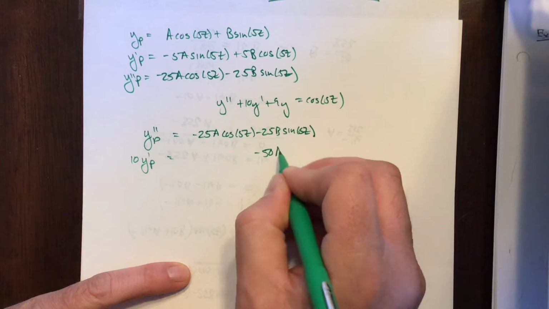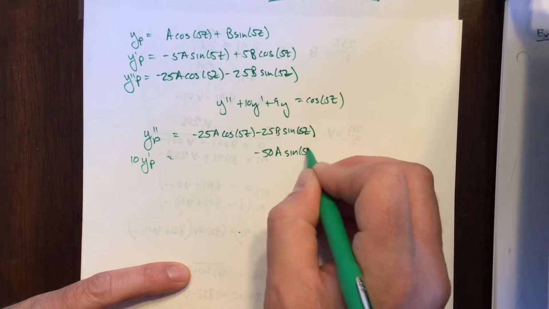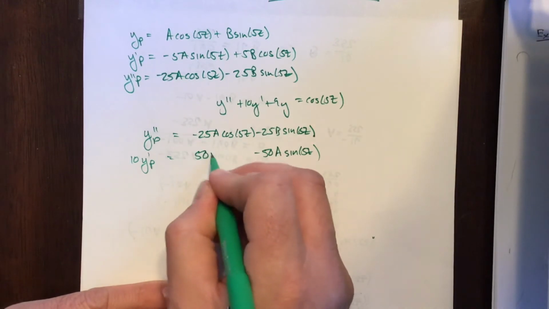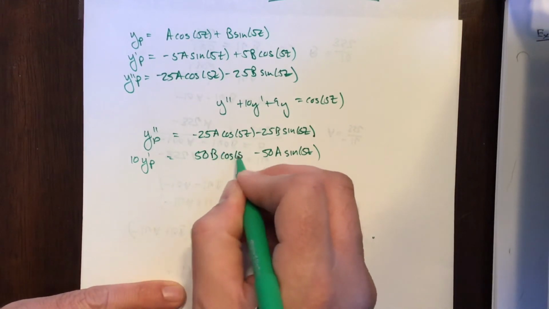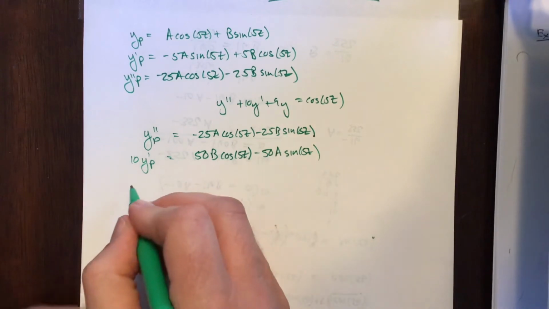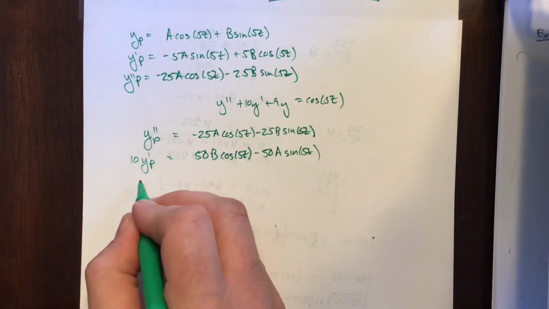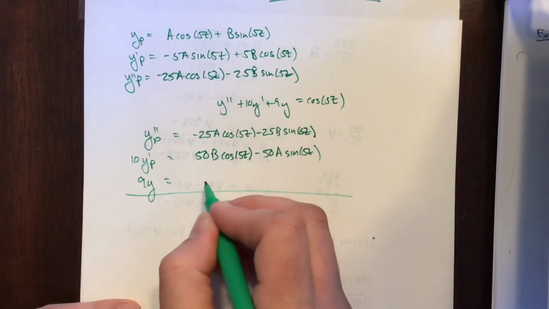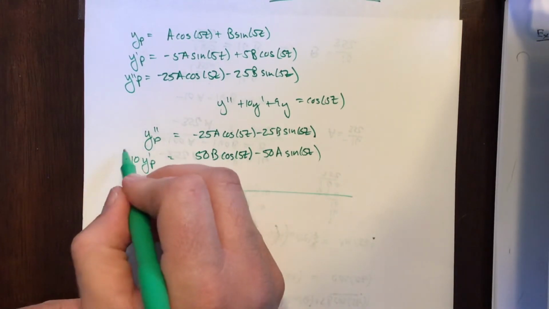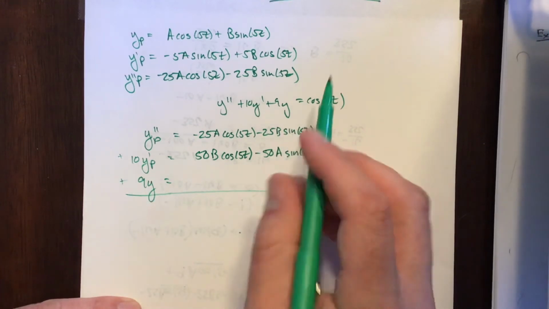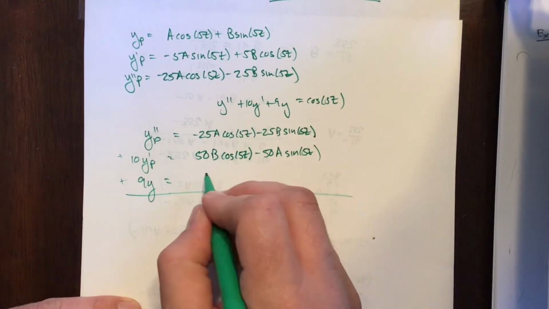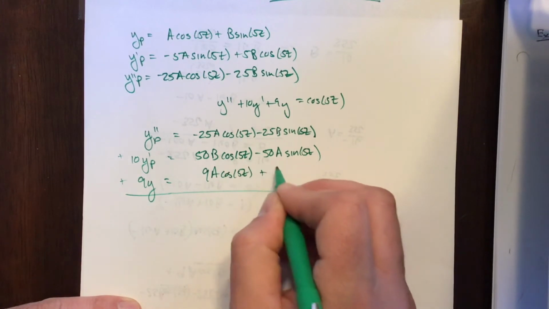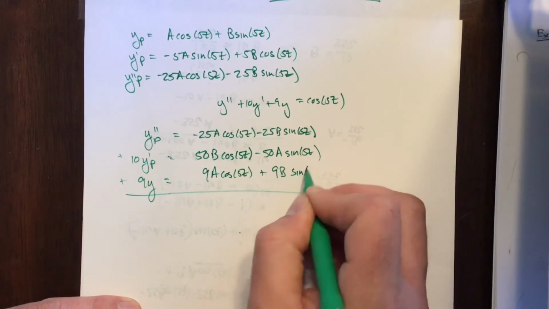I'm going to line this up with the sines. And 50b cosine 5t. And lastly, 9y, and these are all added together, is 9a cosine 5t plus 9b sine 5t.